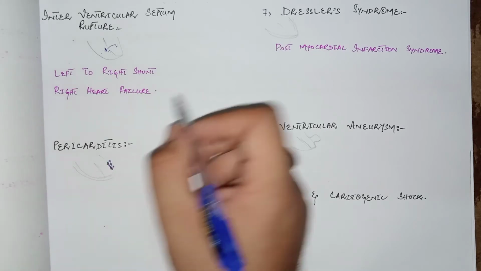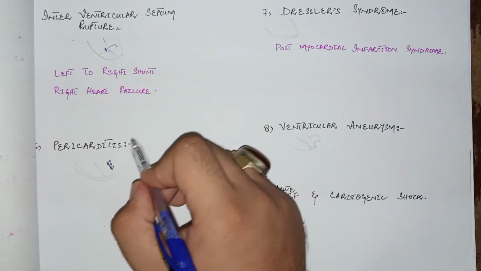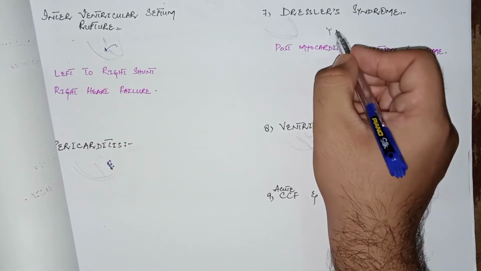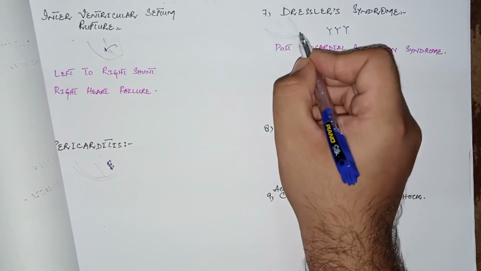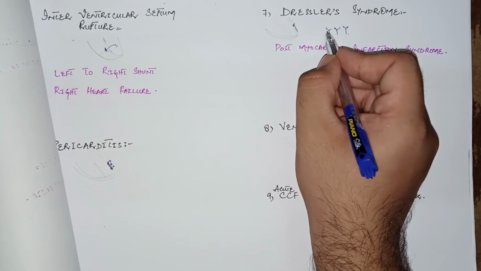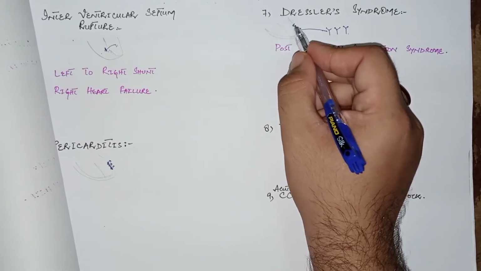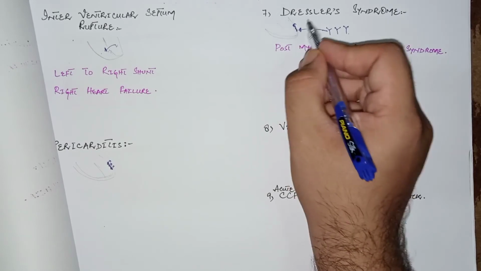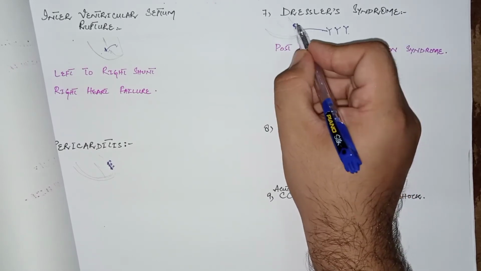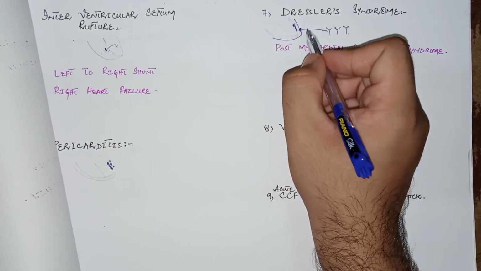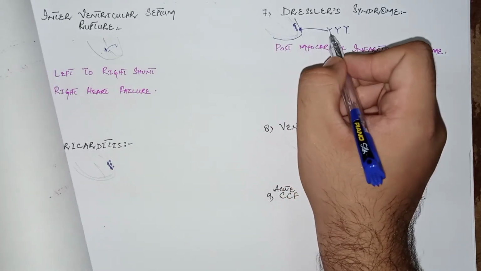Now come to the next complication, which is basically a continuation of pericarditis, that is Dressler syndrome, in which autoimmune antibodies are formed against the connective tissue of the dead myocardium. These antibodies try to attach to the dead myocardium, but instead attach to the pericardium and cause pericarditis, as well as attach to the pleura of the lungs.